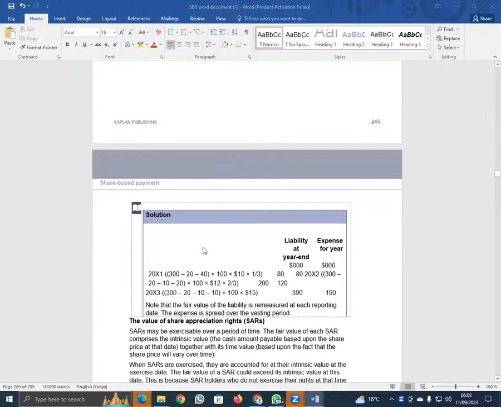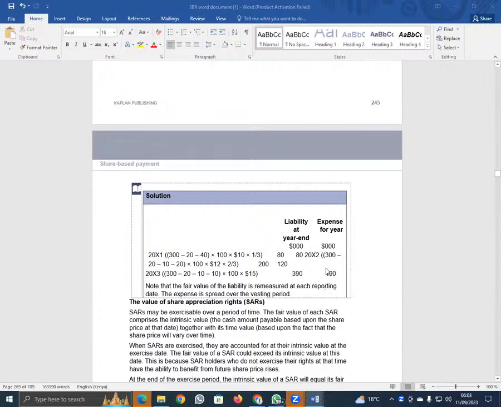So the first one should be 300 minus 20 minus 40, so 240. The next one is 300 minus 20 minus 10 minus 20. I don't know how many that will be. And then the last one, of course, is 260.